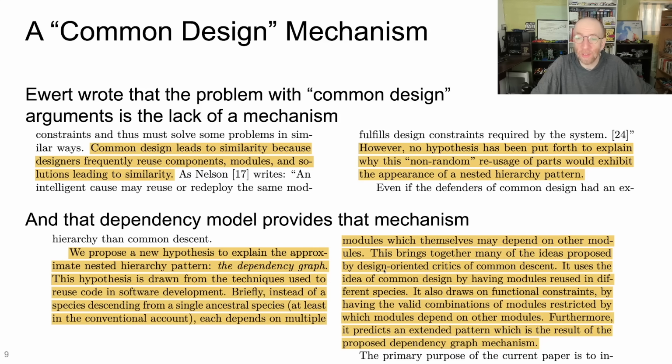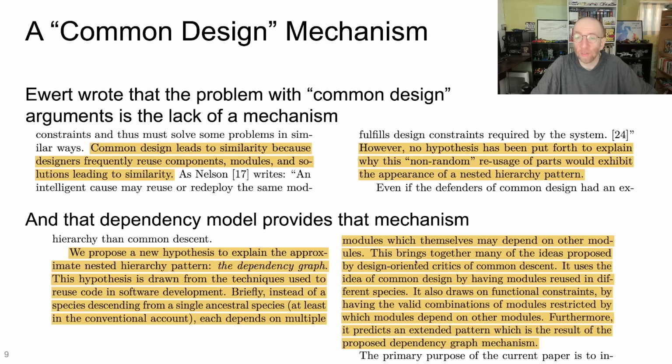It uses the idea of common design by having modules reused in different species. It also draws on functional constraints by having the valid combinations of modules restricted by which modules depend on other modules. Furthermore, it predicts an extended pattern which is the result of the proposed dependency graph mechanism."